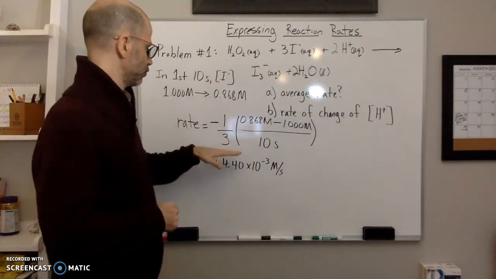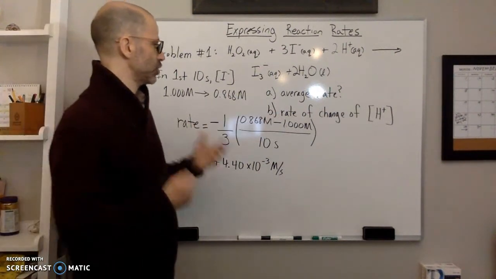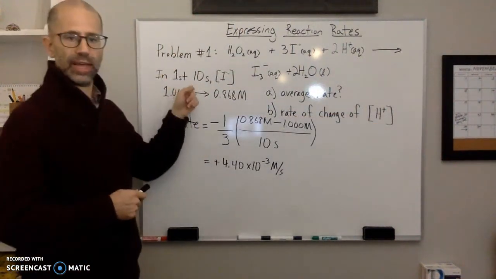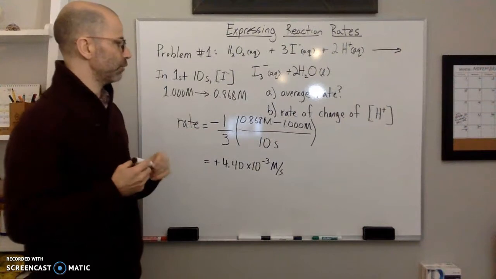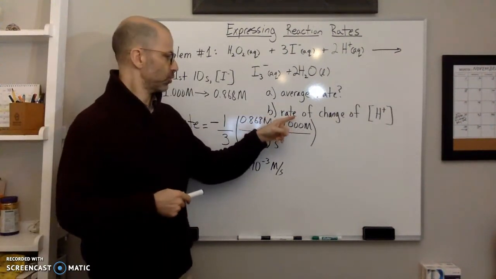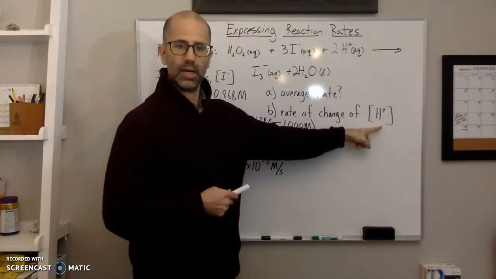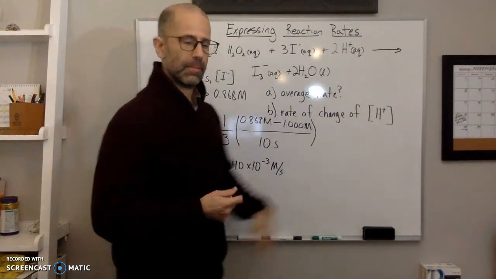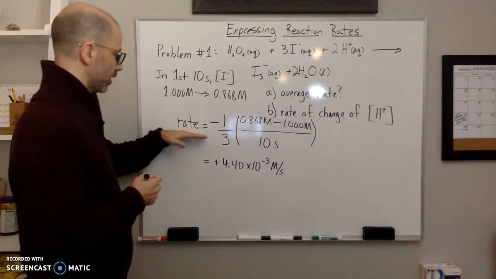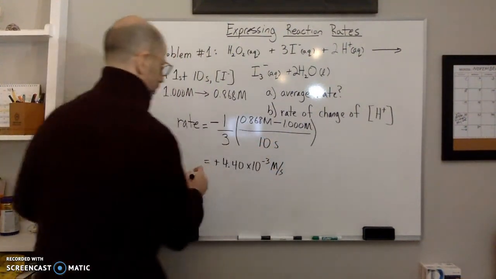So we got the average rate of the reaction. And part B is, what is the change of the H concentration during the same time? Here we have to be careful. They're not asking about the rate of the reaction. They're asking for the rate of change of the hydrogen ion concentration. So we have to set it up the same way. We know the rate of the reaction, and the rate of this reaction is going to be the same.